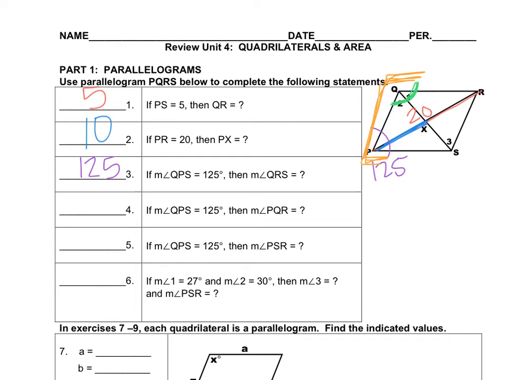So they're going to be supplementary angles. That's property 3. It says consecutive angles are supplementary. Supplementary means they add up to 180. So if we already know that this angle is 125, to find the angle in green, all you need to do is 180 minus 125, and you will get 55.